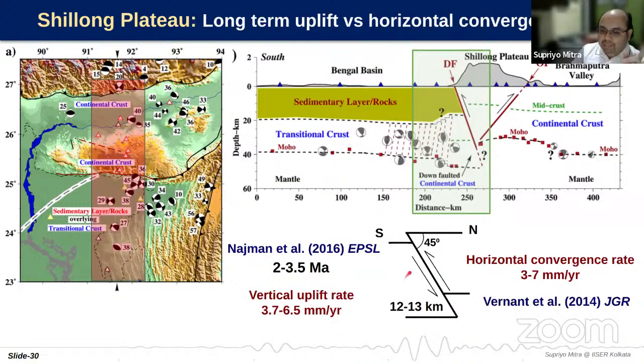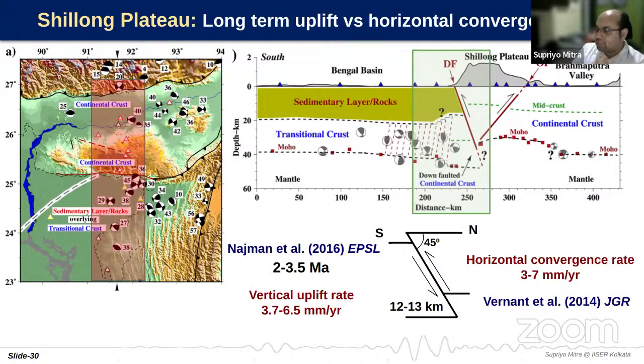If you turn that number into a horizontal convergence, it will be almost the same on a 45-degree dipping plane. And that matches with the GPS-derived horizontal convergence in the present day, which is about 3 to 7 millimeters per year. So that tells us that the majority of the convergence is actually being absorbed by the Dauki fault.